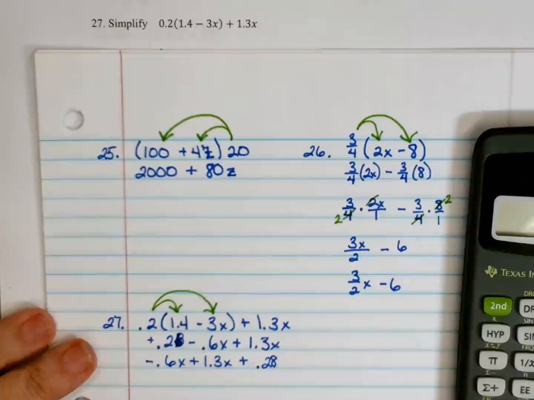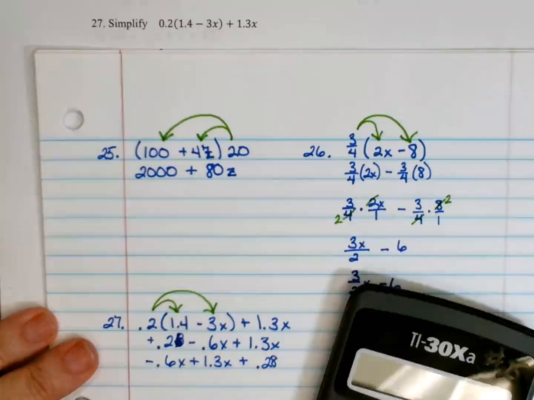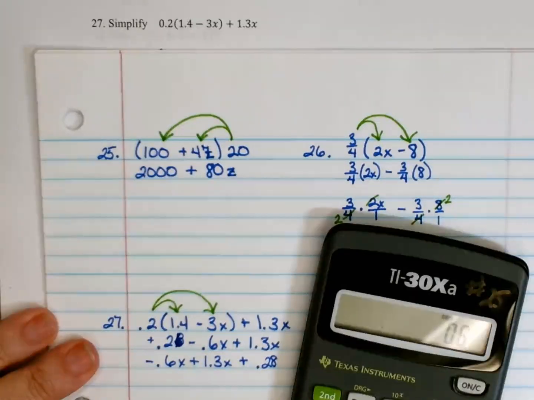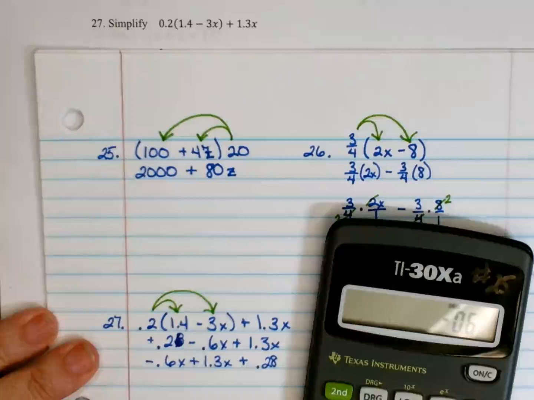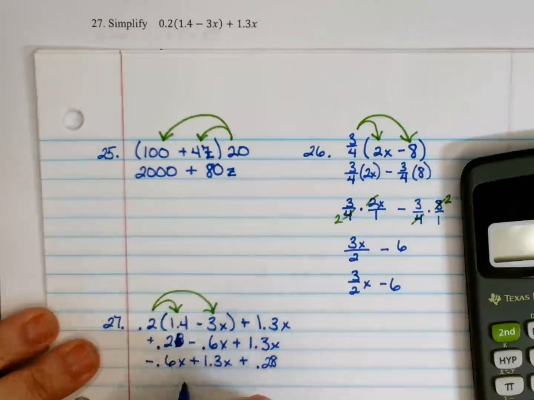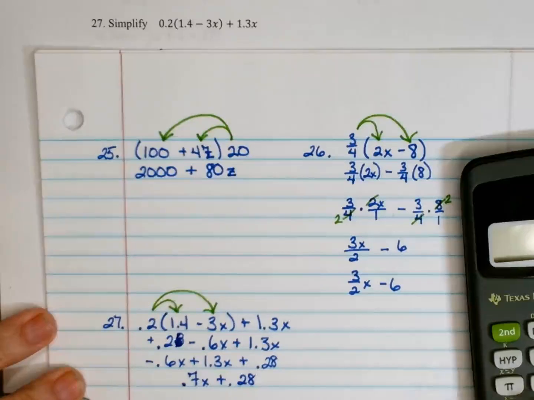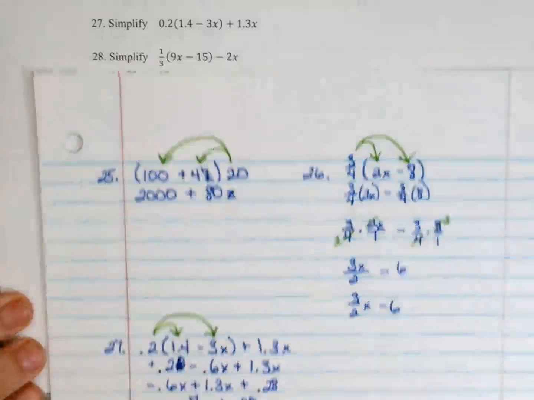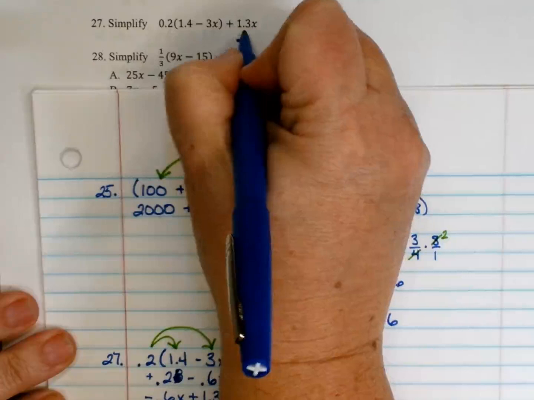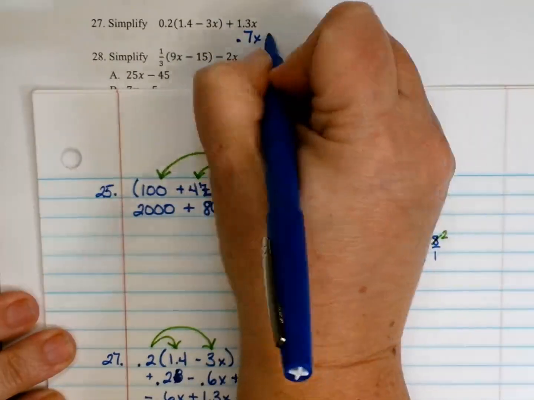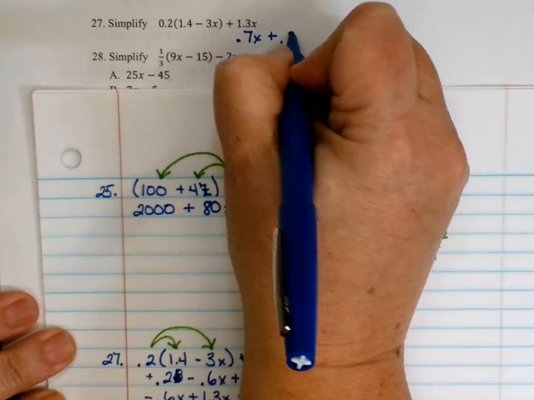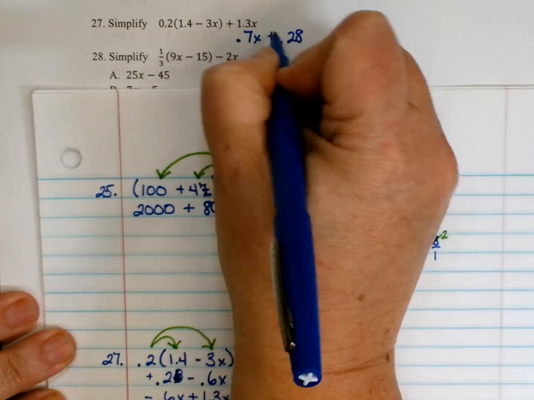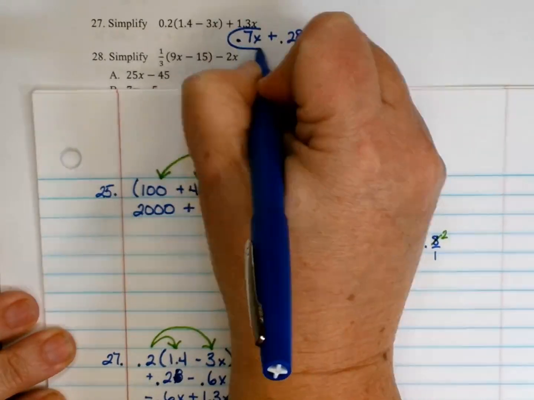Okay? So I have negative 0.6 plus 1.3 gives me 0.7x plus 0.28. So that's my answer for number 27. That one's going to be 0.7x plus 0.28. Okay?